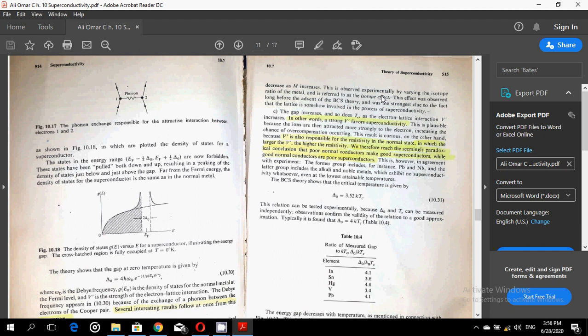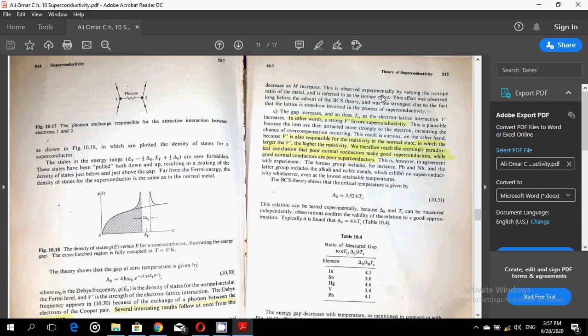Typically, it is found that delta naught is 4 kTc, and table 10.4 gives the values of these constants for a few elemental superconductors. The energy gap decreases with temperature as mentioned in connection with figure 10.12. This behavior is also derived from the BCS theory, and the agreement with experiment is good.